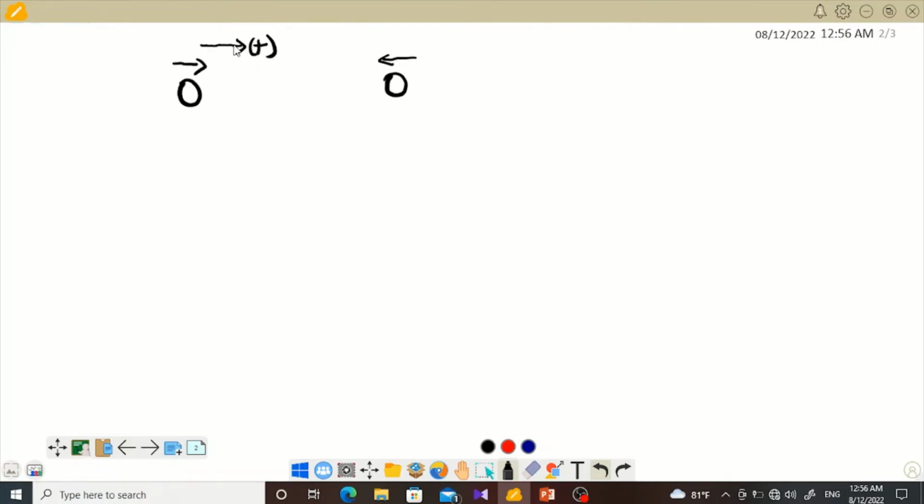So velocities, accelerations, and displacements in this direction are always positive, and velocities and accelerations in the opposite direction are negative values. It's a simple point. So you have to first select a direction. Then there are two main data we can obtain from velocity time graphs.